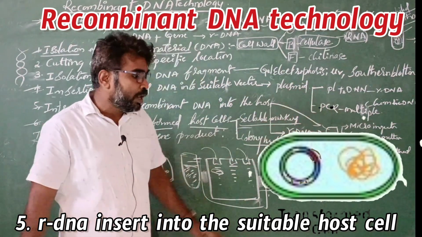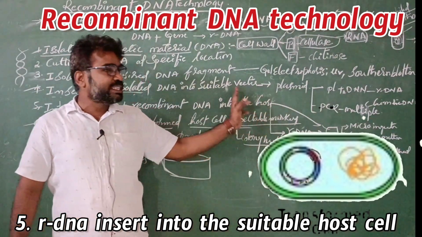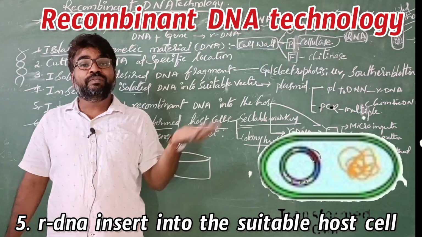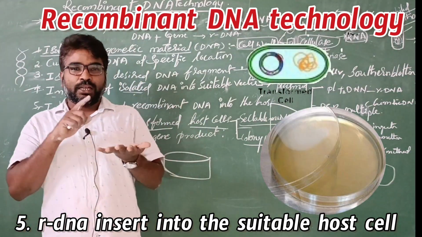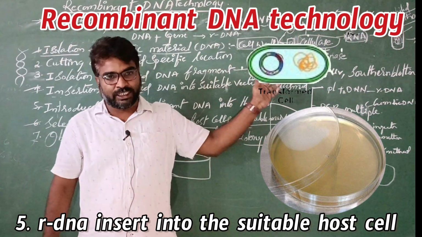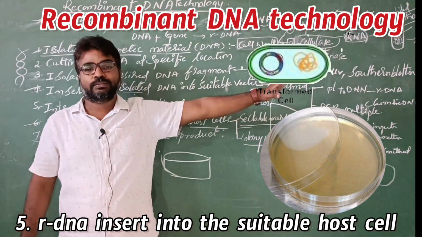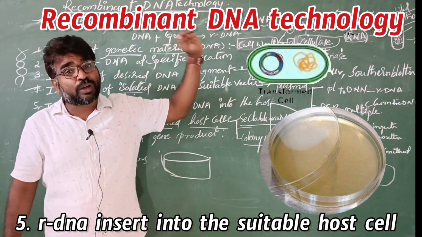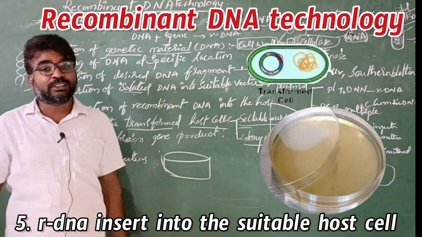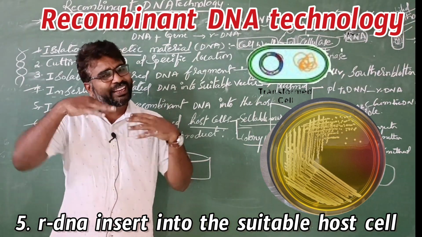culture the transformed cells, when we transfer this culture onto media which consists of antibiotics like ampicillin and tetracycline, the cells which are not transformed will die and may not grow. Because they do not have a resistant site, they do not have the plasmid.